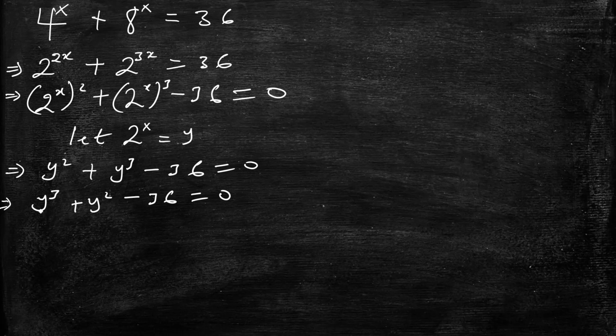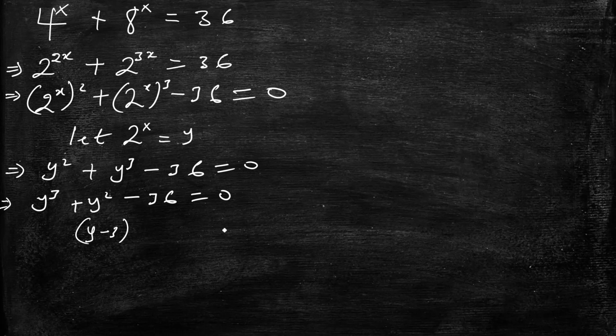When I plug in 2 here, this will be 8, 8 plus 4 minus 36, which is not near 0. So let's go to 3. 3 to the power 3 is 27, 3 squared is 9, so we have 36, and 36 minus 36 is 0. Good, so when y is equal to 3, it's a factor. The first factor.